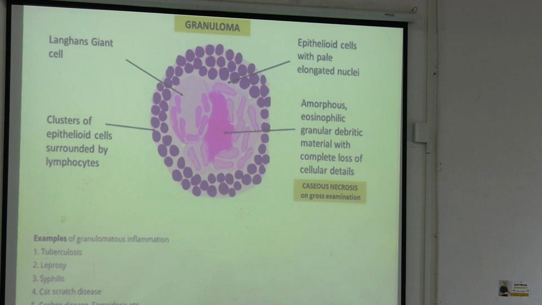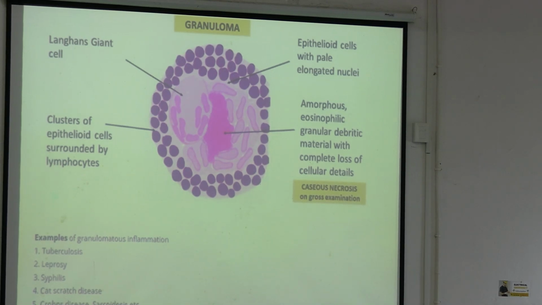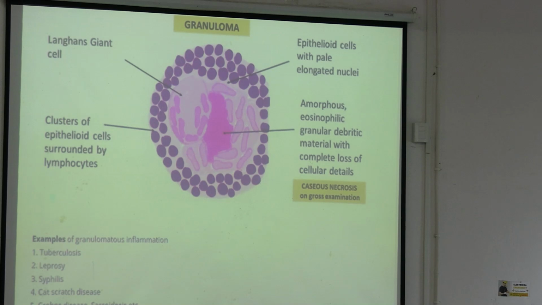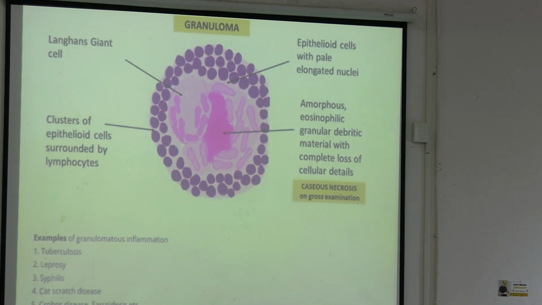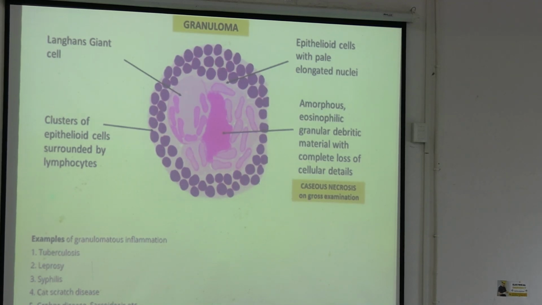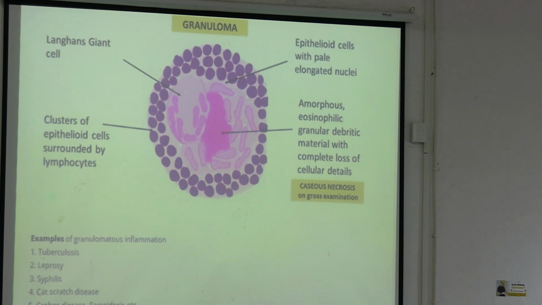In case of tuberculosis, the most important telltale histopathological feature is formation of caseating granuloma, and in case of caseating granuloma, which kind of giant cell can you see? It is known as Langhans giant cells. These are formed due to the fusion of epithelioid cells.